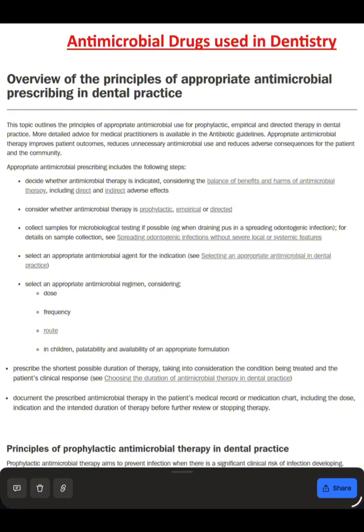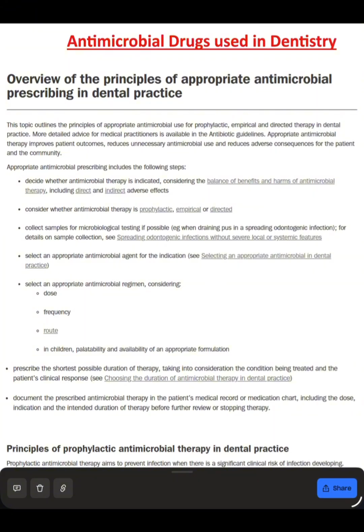More detailed advice for medical practitioners is available in the Antibiotic guideline. Appropriate antimicrobial therapy improves patient outcomes, reduces unnecessary antimicrobial use, and reduces adverse consequences for the patient and the community.